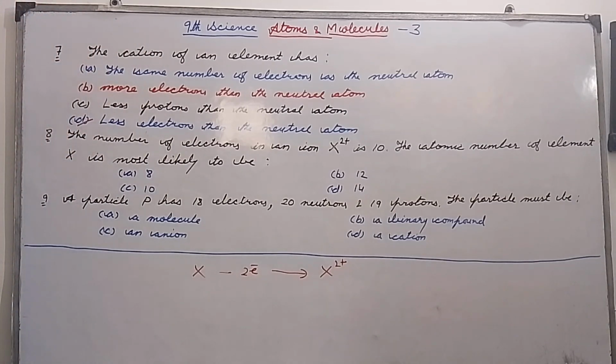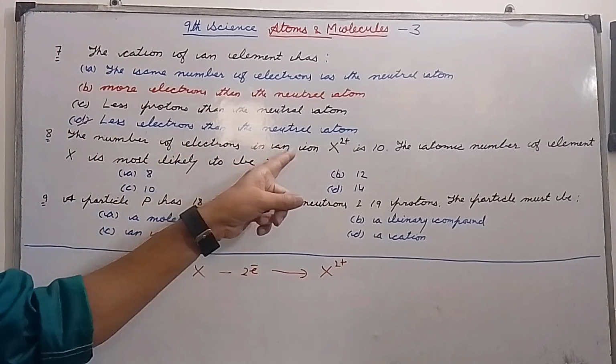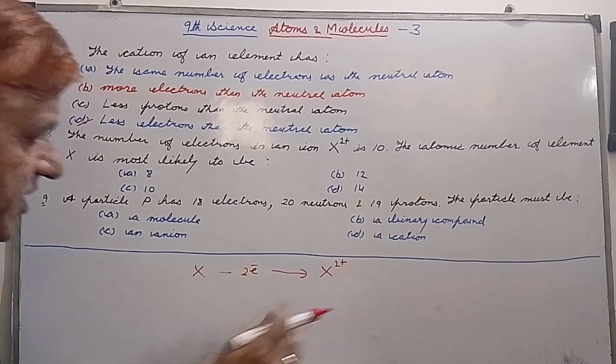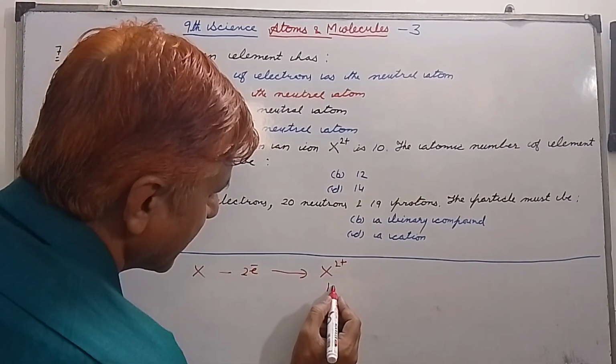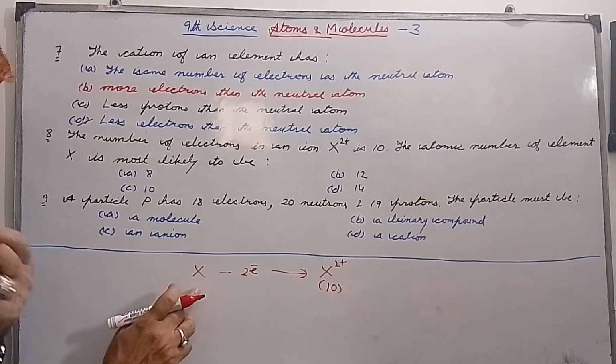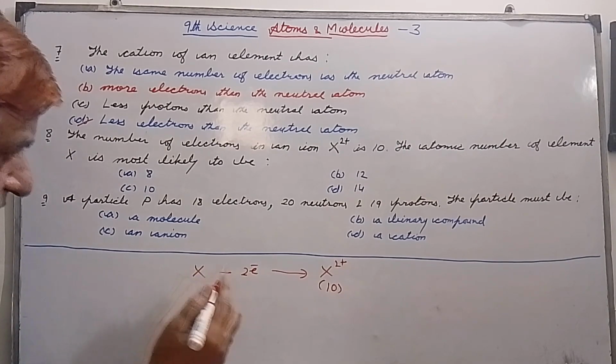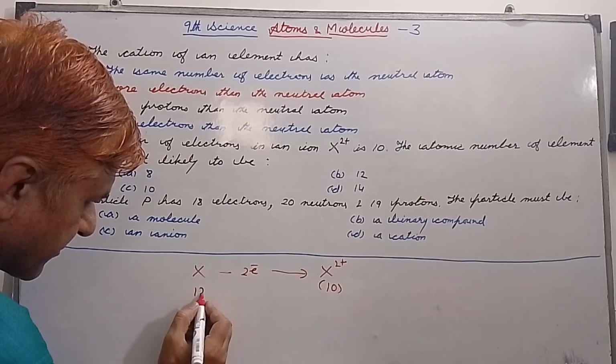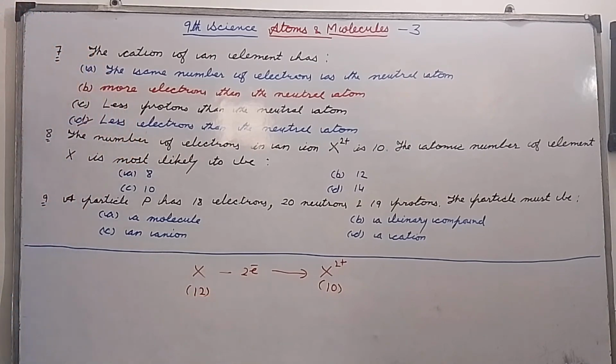So now what is the number of electrons in an ion X2 plus? Now it has 10 electrons. So it means the atom will have how many electrons? 12. So number of electrons which this atom X has is 12.